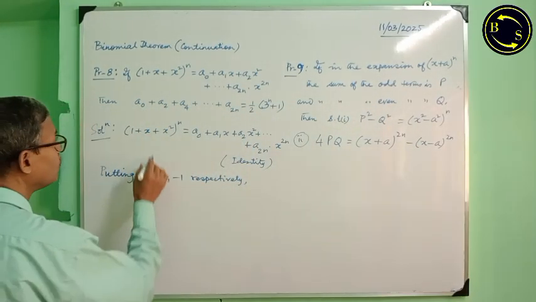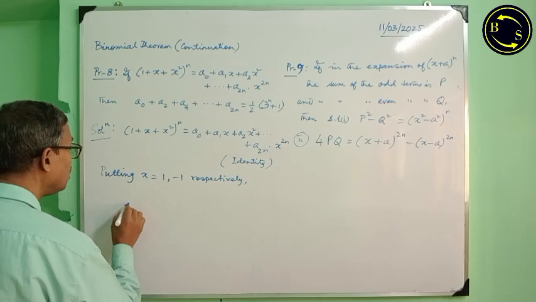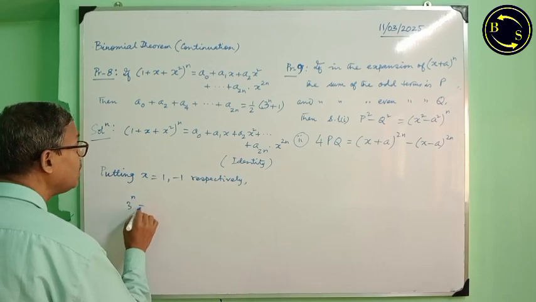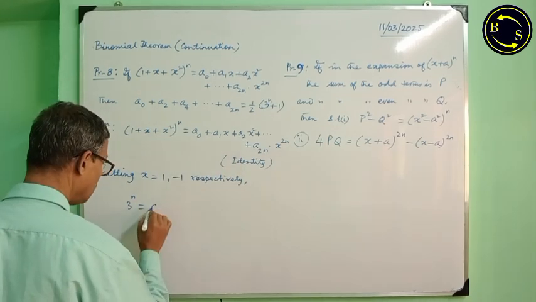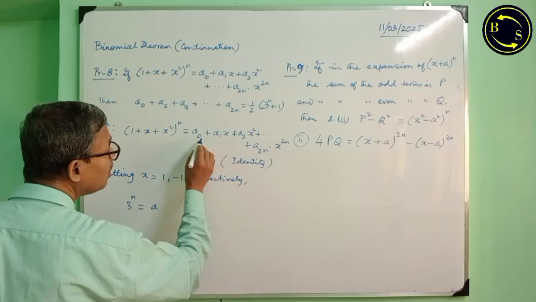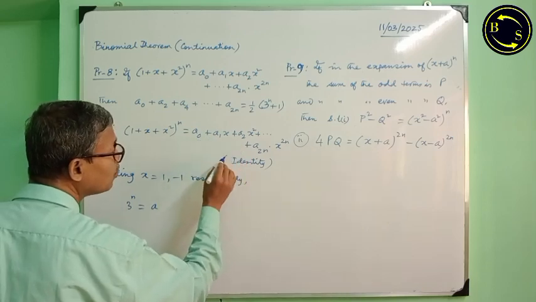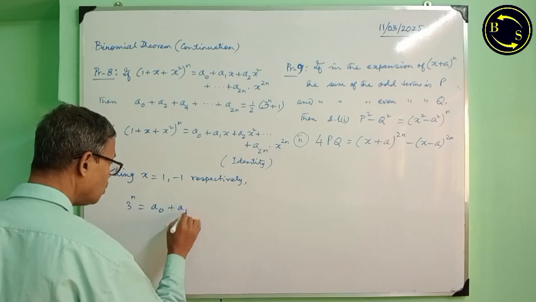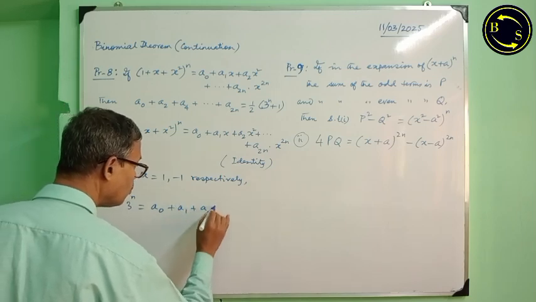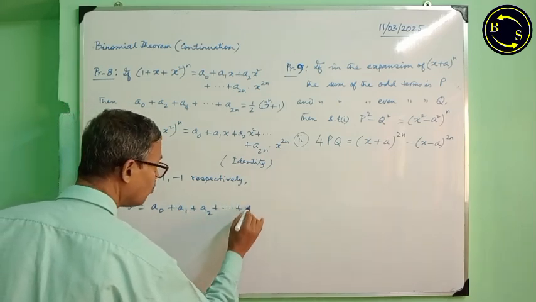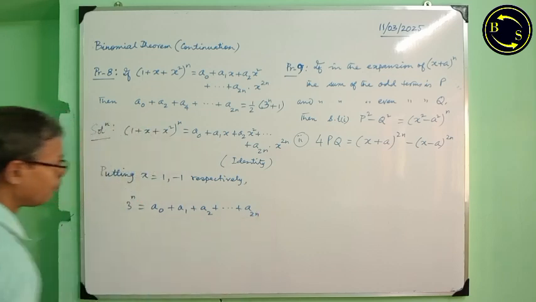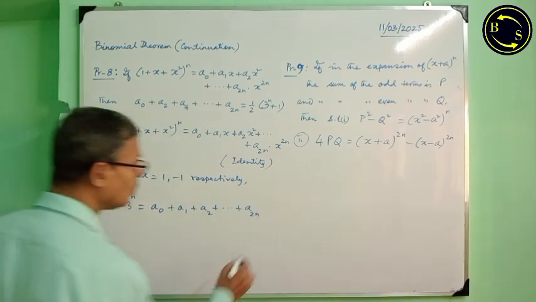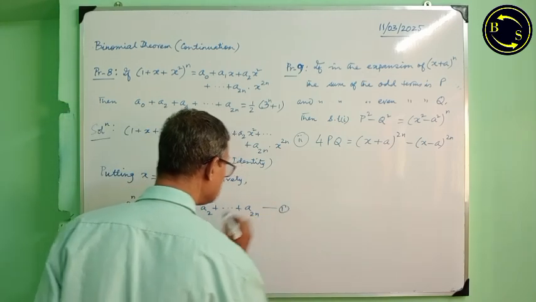Then first we put x equal to 1, left hand side will be 3 to the power n, and just a naught, a1, a2, dot dot dot, a to n will be there. We call it number 1.